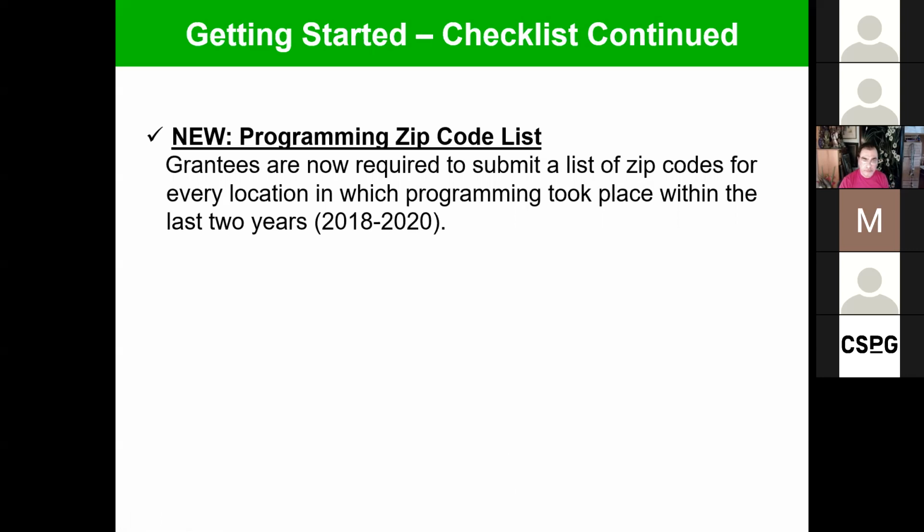Submit those zip codes. Very important for us. We are now collecting this information. We didn't used to do this in the past, but now it's become very helpful data for us as a department to be able to see on a map where programming is happening. So we have added that question onto our report form, and so you will see that added on as a new requirement.